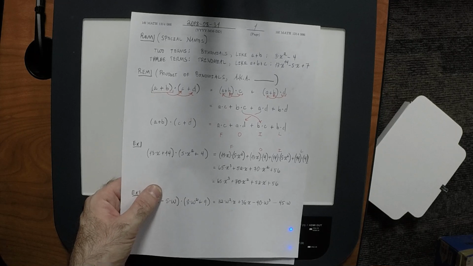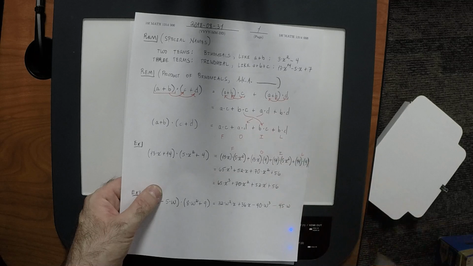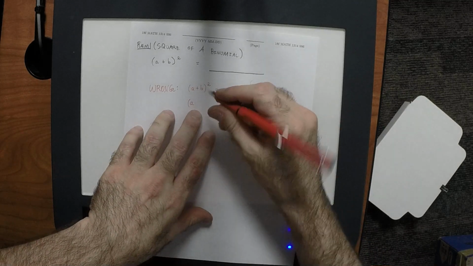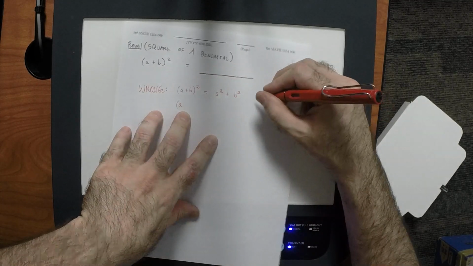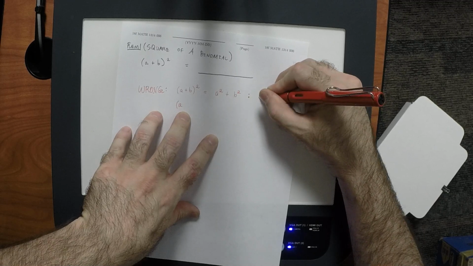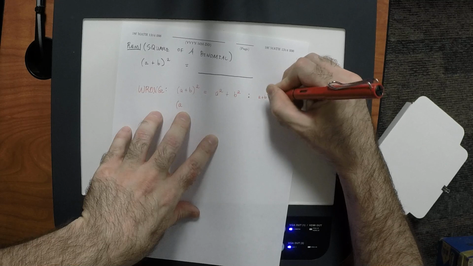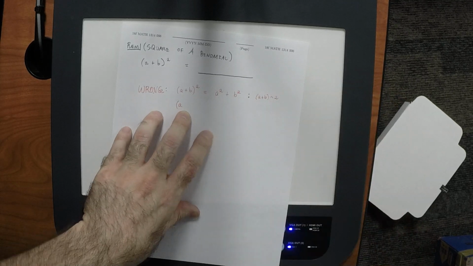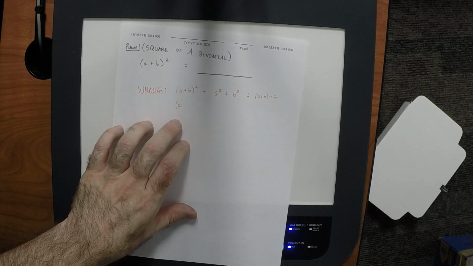But when you mean add, you've got to write the plus. So then, what's the punctuation that means exponent? Caret, right? So what I'm saying is that what that is is a plus b and then caret 2, like that. That's how you write it with punctuation.